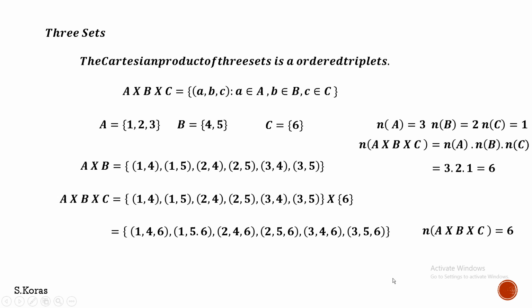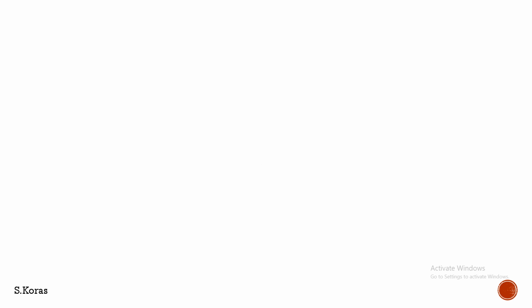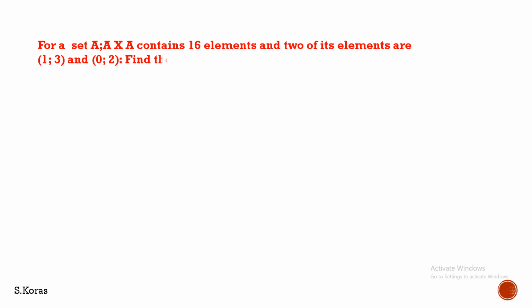Now let us try to solve two very small and simple sums. Let us consider a set A, and it is given that A cross A contains 16 elements, and from this A cross A they are showing us two elements. The first element is 1 comma 3, and the second element is 0 comma 2.